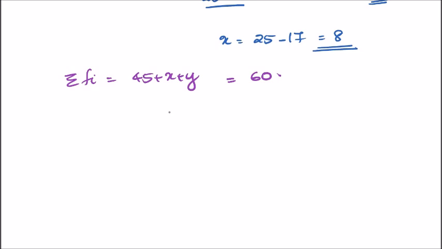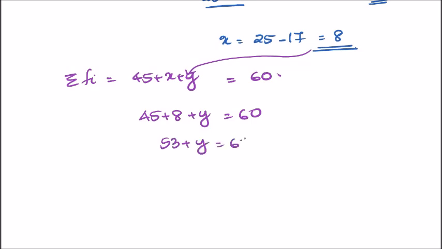So substitute the value of x here. 45 plus 8 plus y is equal to 60. 53 plus y is equal to 60. Therefore, y is equal to 60 minus 53, that's equal to 7.